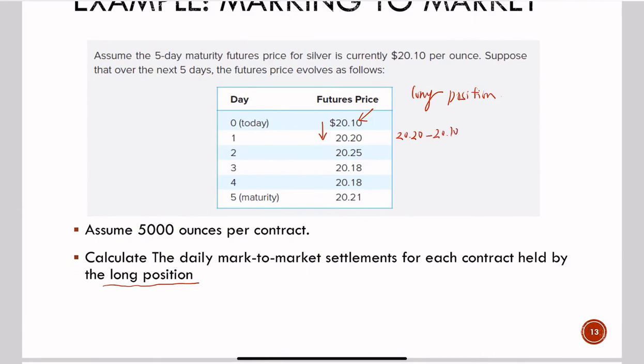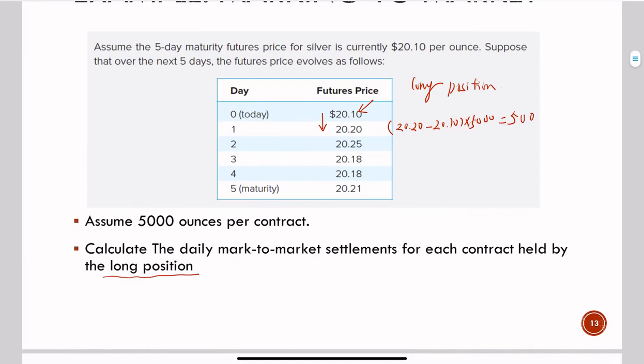However, this is just profit per ounce, and you have 5,000 ounces. So you have to multiply this amount by 5,000, right? This gives you, I think, $500. So this means after the first day, your account will increase by $500.